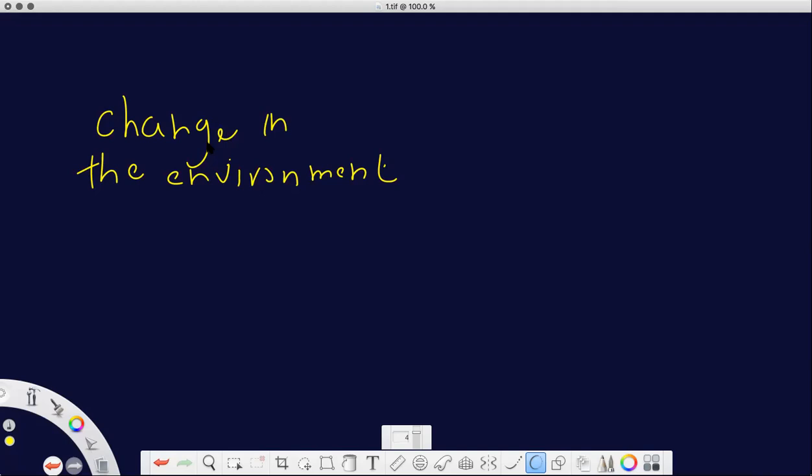This change in the environment is called stimuli or stimulus. The stimulus is changes which take place surrounding us. So stimulus is singular, stimuli is plural.